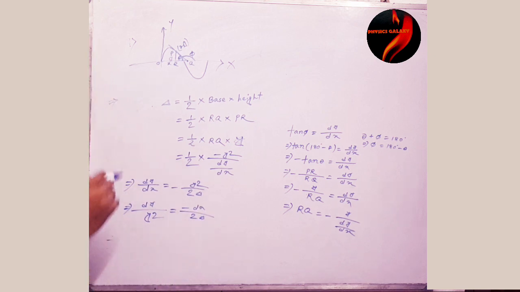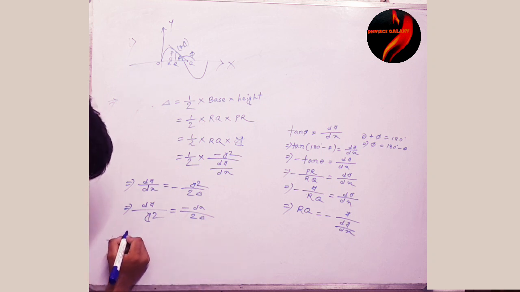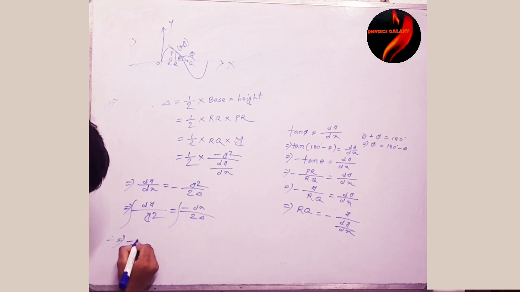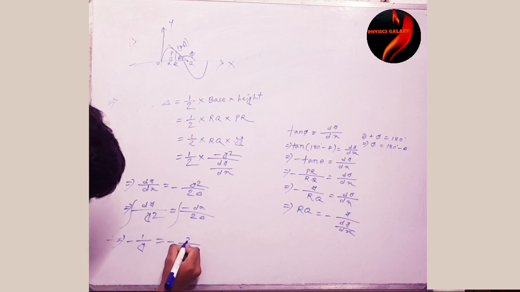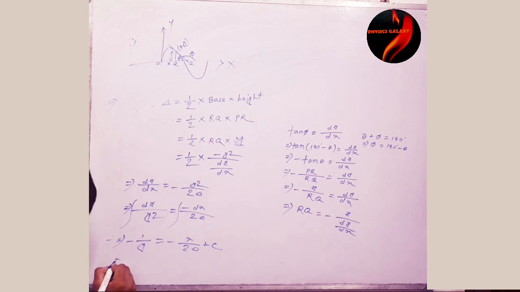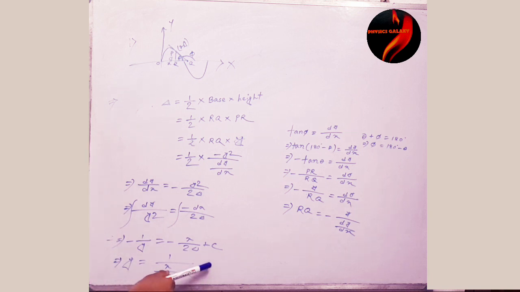We know that the area of the triangle is constant, so delta should be constant. So if we integrate on both sides, then we get minus 1 by y equals minus x by 2 into delta plus some integration constant, and we get that y equals 1 by (x by 2 into delta minus c), and this is the final answer.